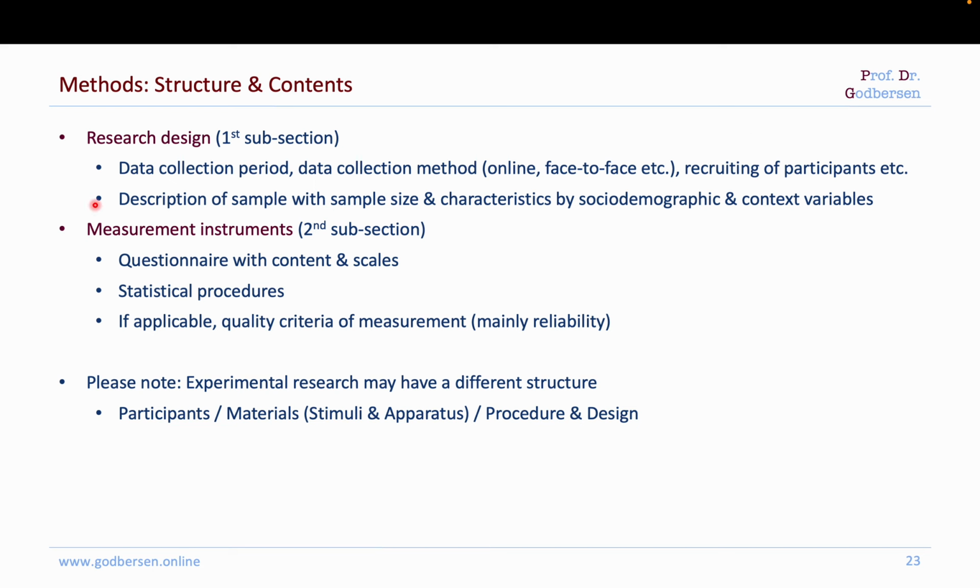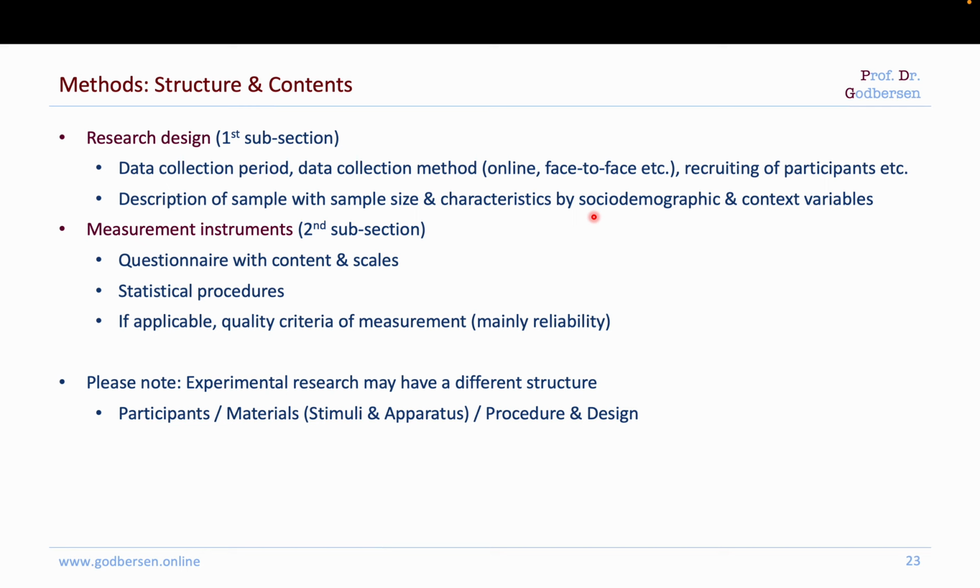Furthermore, you have to describe the sample size, and also describe the sample by socio-demographic or context variables, so that the reader knows from what kind of people the data came. This is the first subsection.